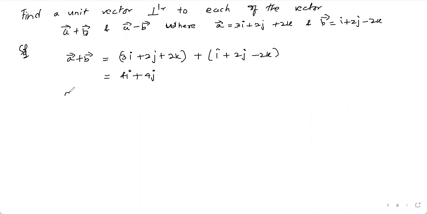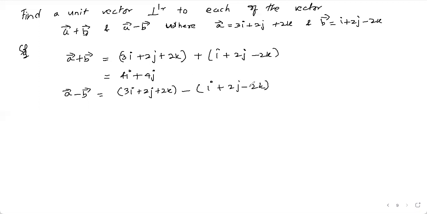So let us find what is a minus b. Again 3i plus 2j plus 2k minus i plus 2j minus 2k.